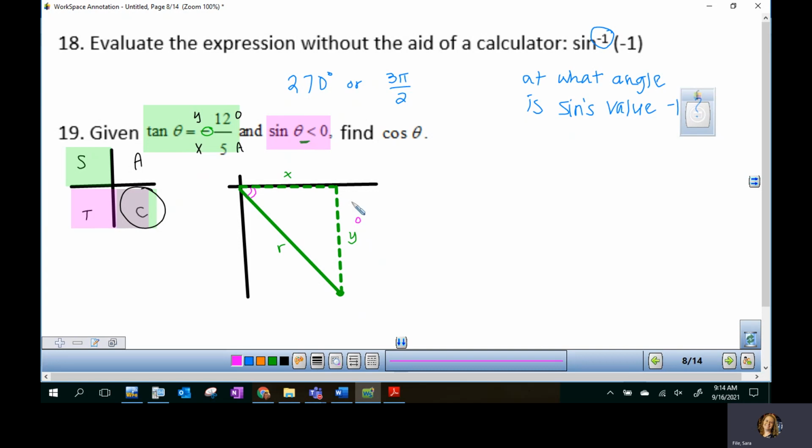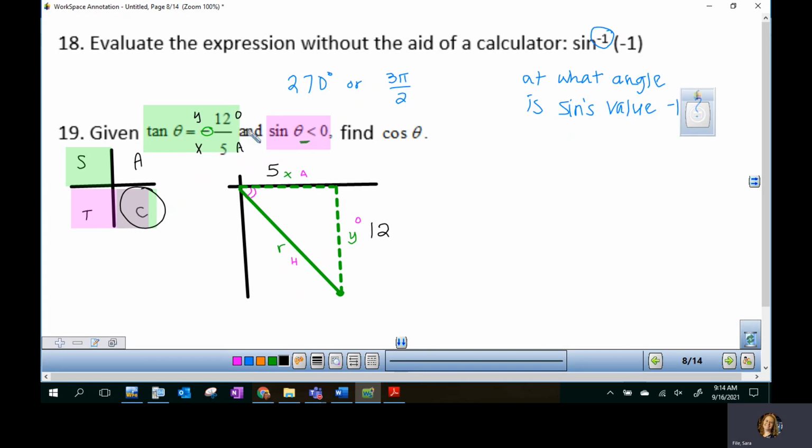So this would be opposite, adjacent, and hypotenuse. I don't care which set of letters you prefer to do your ratios with, as long as you know it correctly. Now they have told us Y, or O, whichever way you prefer to think of it, is 12. So this side is 12. And that X or A is 5.